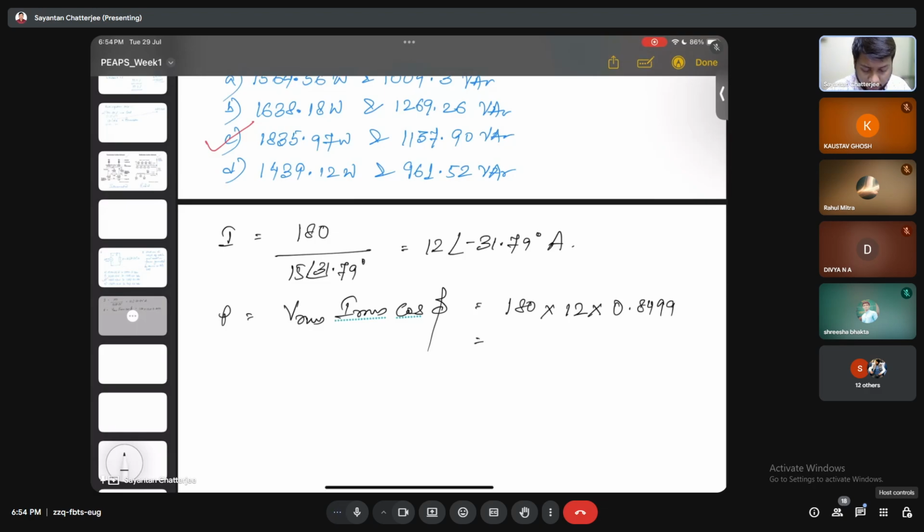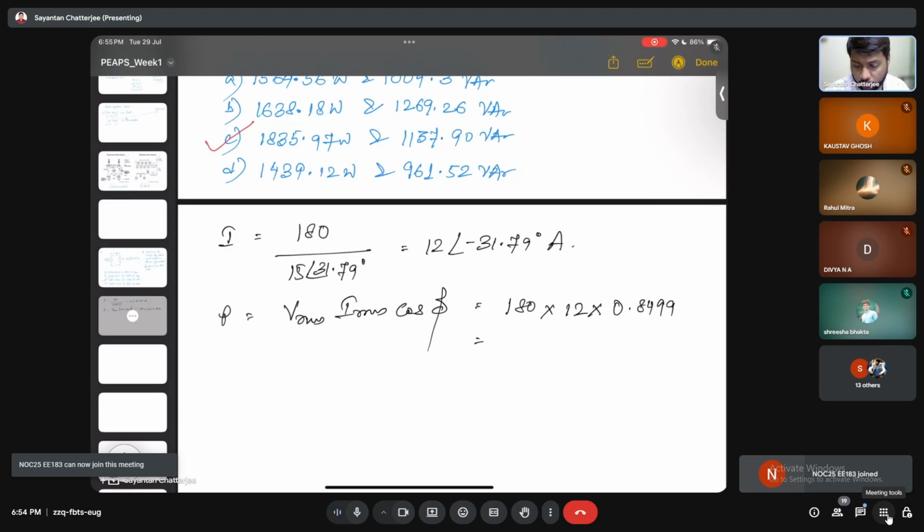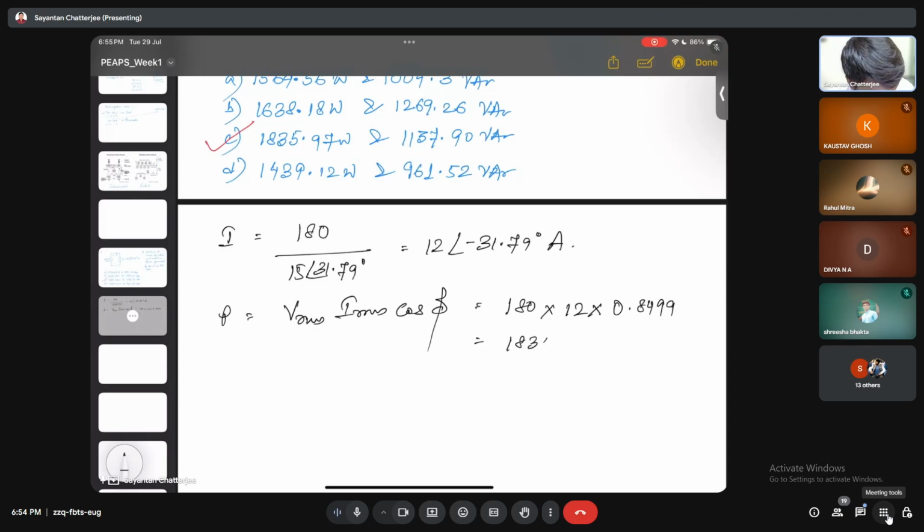So the value would be 1835 as the answer. Let me check once: 180 into 12 into 0.8499 is 1835.78. This is the watt, meaning active power, and similarly we can calculate the reactive power.